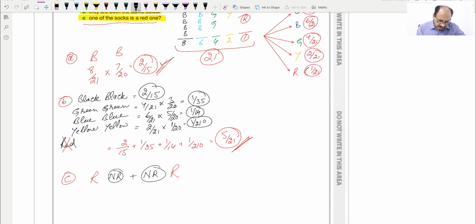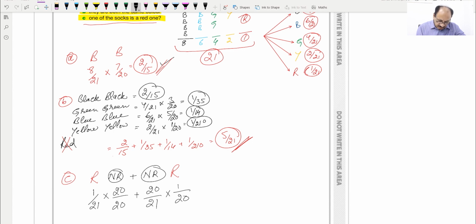Now we can write the probability of red. We already know there is only one red sock, so 2 over 21 multiplied by non-red, which is 20 over 20, plus non-red, which will be 20 over 21, into red, which will be 1 over 20.